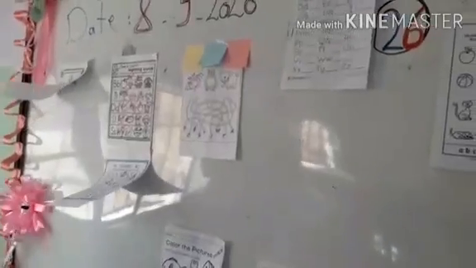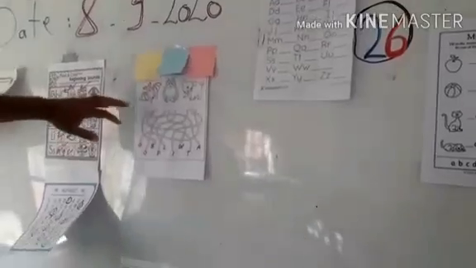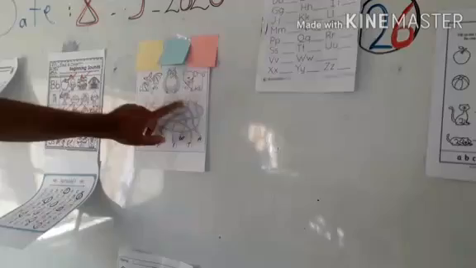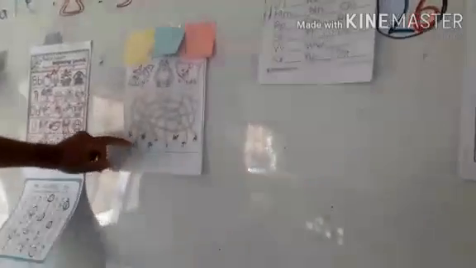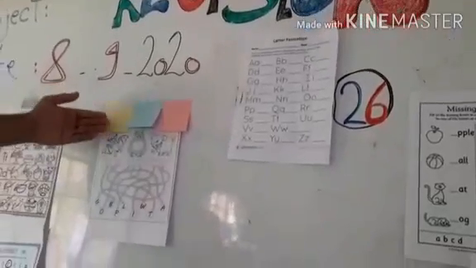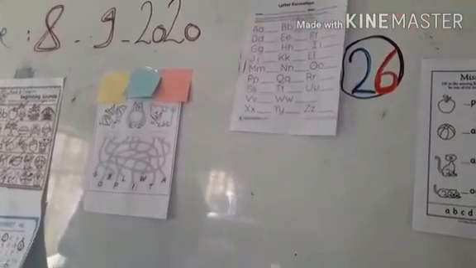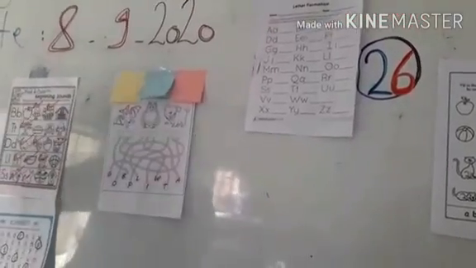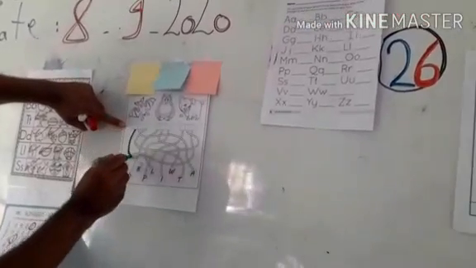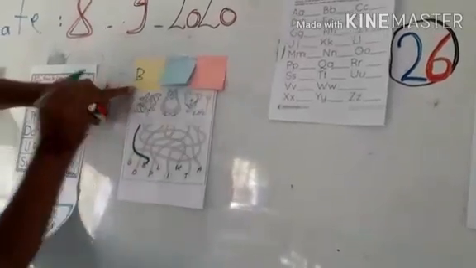In this exercise, we should write the letters of the word in the squares here and match the letters to the squares, and then write the complete word above. The first picture is for bat. Bat consists of B. This is B, so we write B here.